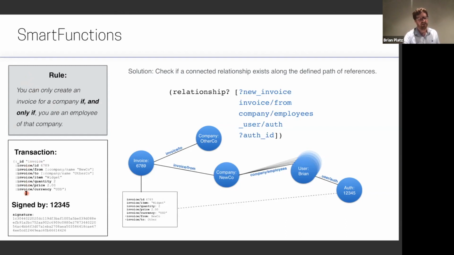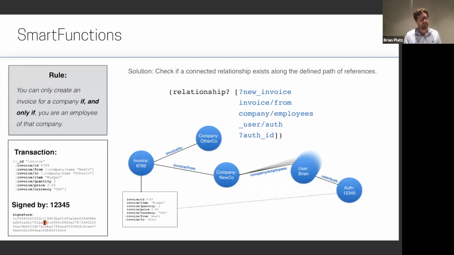So if we have a transaction where someone is creating a new invoice, and here I have that transaction data in JSON, the invoice has a price of $2 and quantity, etc., and some relationships to the company that the invoice is coming from, NewCo, and the company that the invoice is going to, OtherCo. That's a simple transaction. This transaction is cryptographically signed, and this signature allows us to prove not only that the transaction has not been altered while it was in transmission, but to also prove who it originated from.